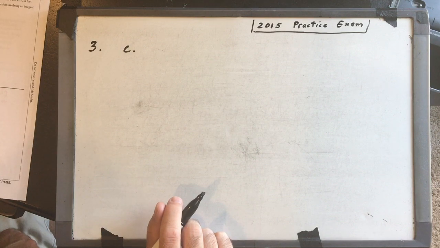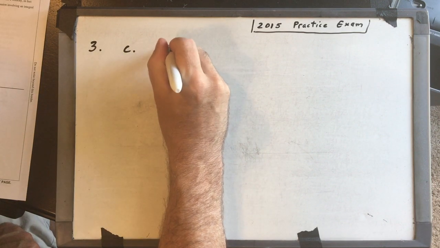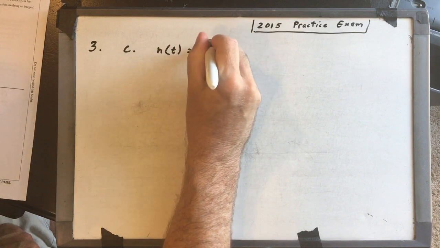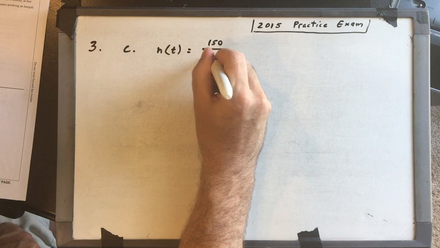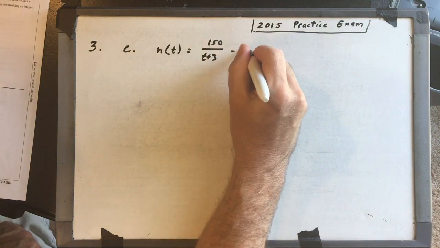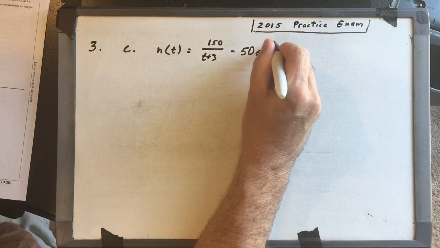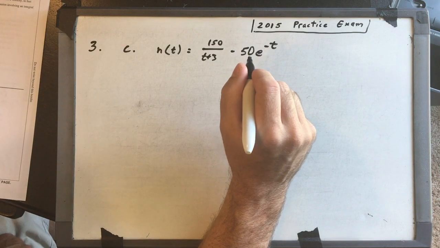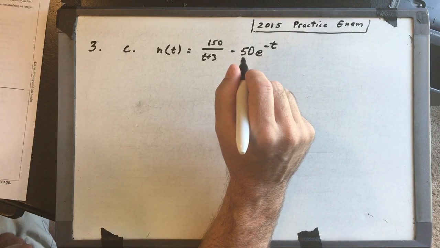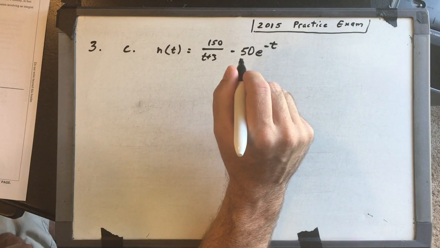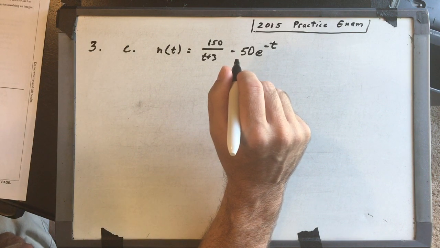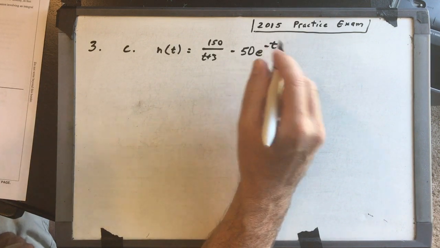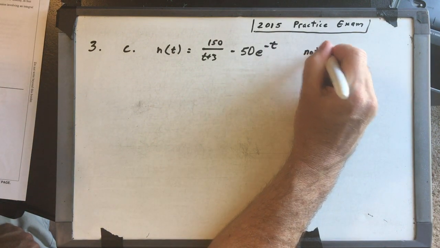Nathan's velocity in feet per second is given as n of t equals 150 over t plus 3 minus 50 e to the minus t. Write but do not evaluate an expression involving an integral that gives Nathan's distance from the starting line at time t equals 12 seconds.